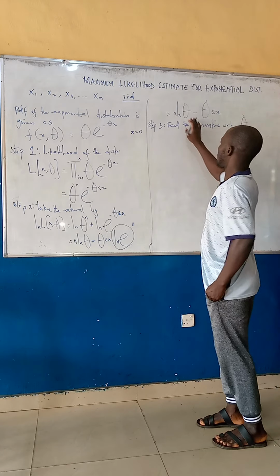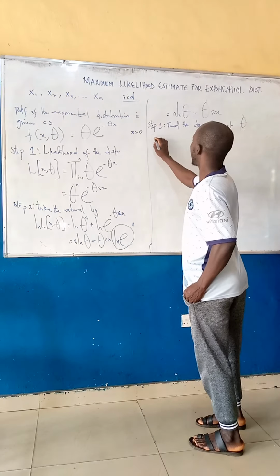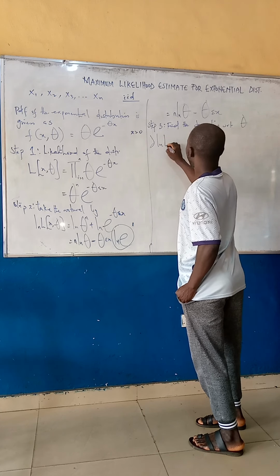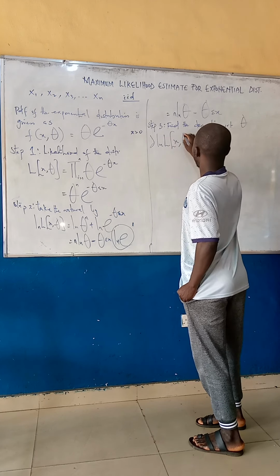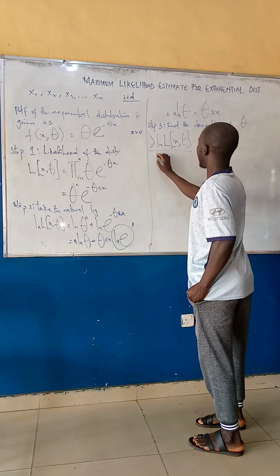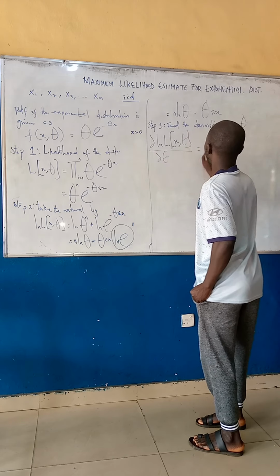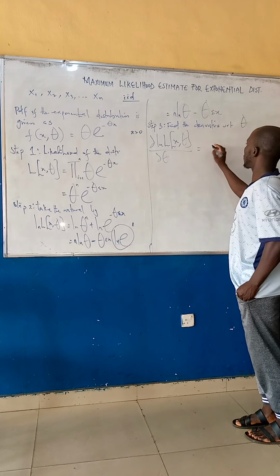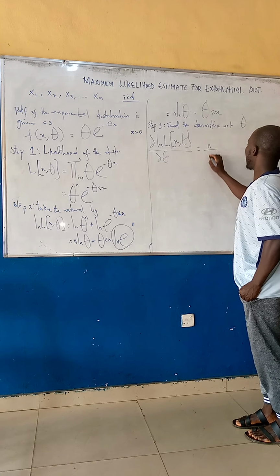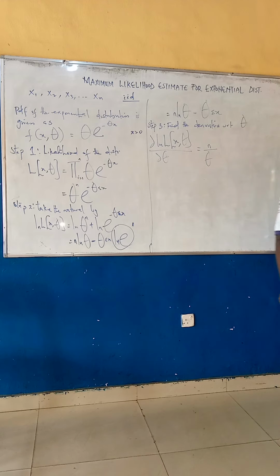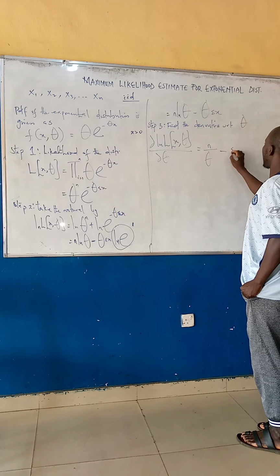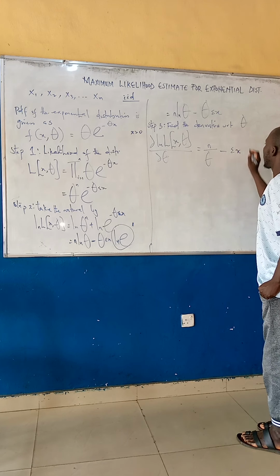So we differentiate this with respect to θ, and this will give us the derivative of ln L(x, θ) with respect to θ equals n divided by θ minus, with respect to this, summation x.